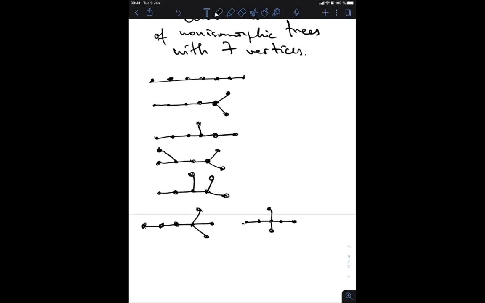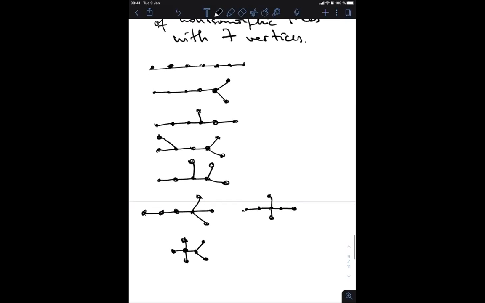Okay. Let's see. So here, can we have something of degree 4 and of degree 3? Yes, this is still possible. Say 1, 2, 3, 4. And a thing like this. Yes, this is a degree 4 and a degree 3. And this is the only option.